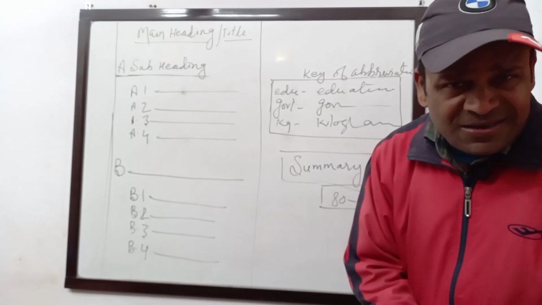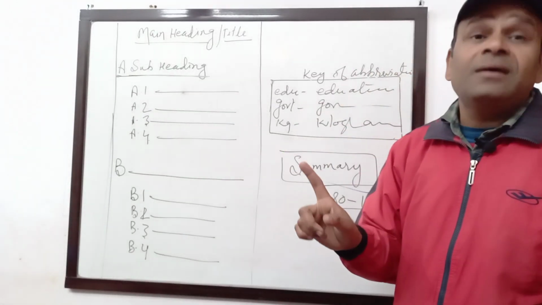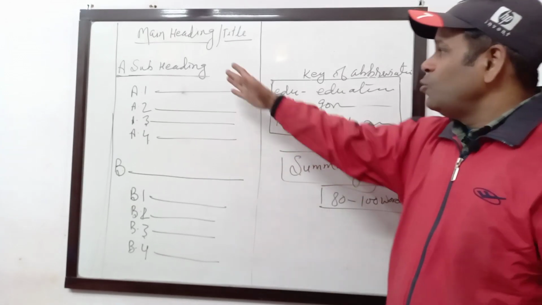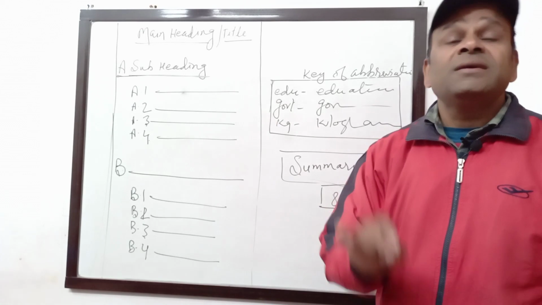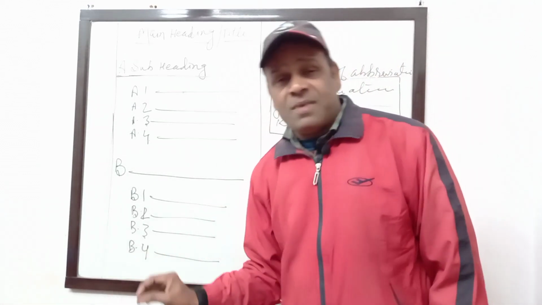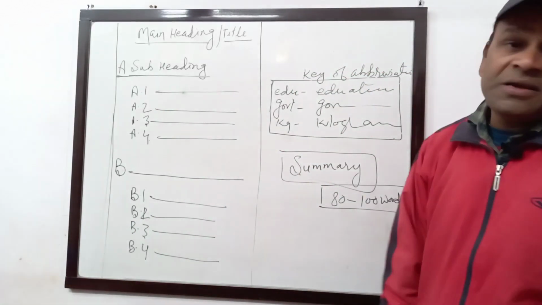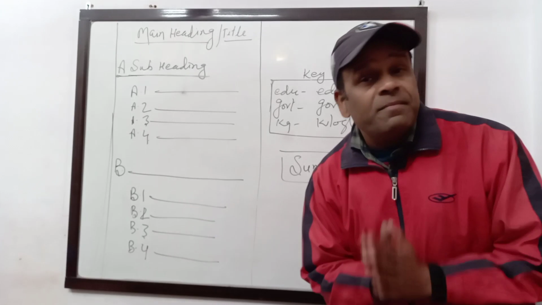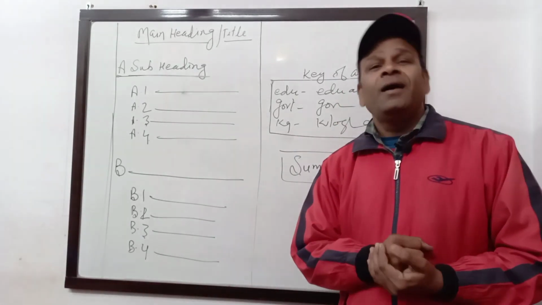No need to read the passage. Let me highlight and emphasize this point. You need not read the passage again. Whatever minor points you have chosen, just read those minor points and elaborate those minor points. Extend those minor points. Got it? And in this way, your summary will be completed and your full 8 marks are obtained or availed.